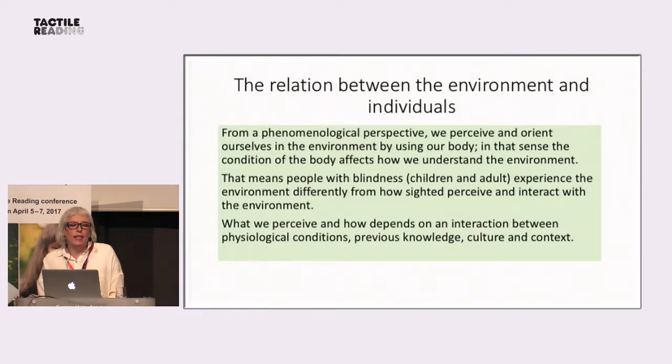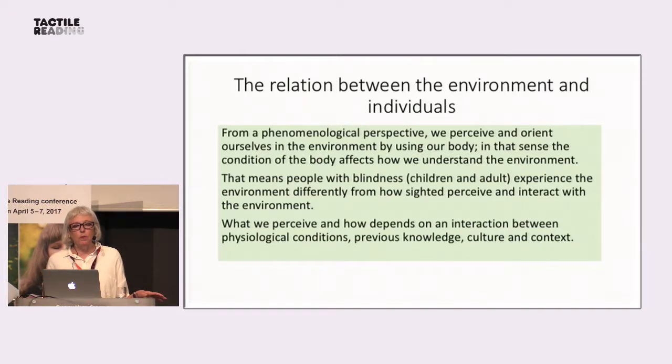There is also a relation between the environment and individuals. And from a phenomenological perspective, we perceive and orient ourselves in the environment by using our body. In that sense, the condition of the body affects how we understand the environment.